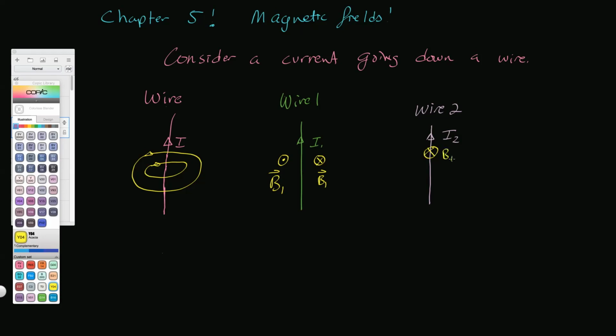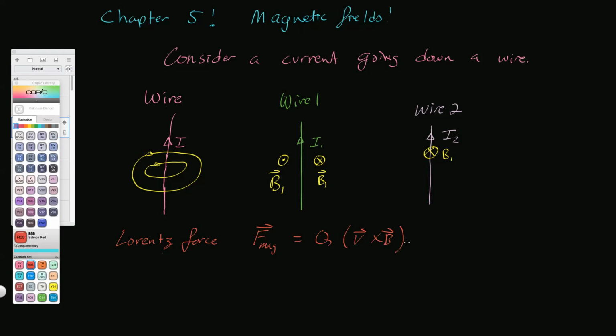This is B1. The Lorentz force, if you remember from 116, is F magnetic is Q V cross B, right?